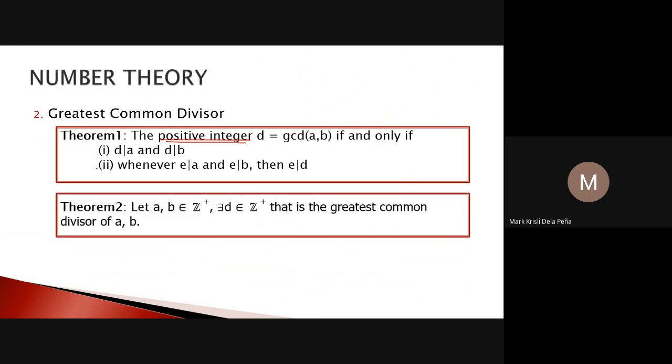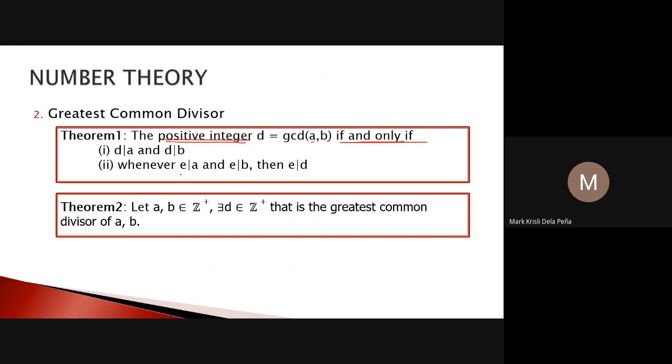We have these theorems. The positive integer d is the greatest common divisor of integers a and b if and only if d divides a and d divides b. In short, d is a factor of both a and b.